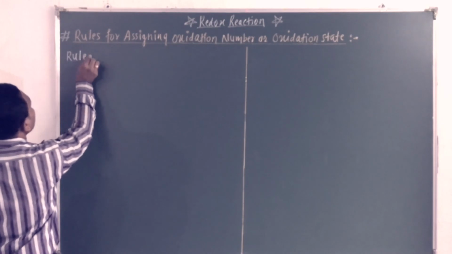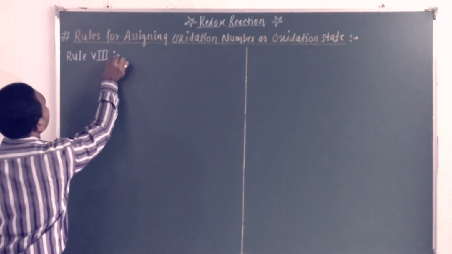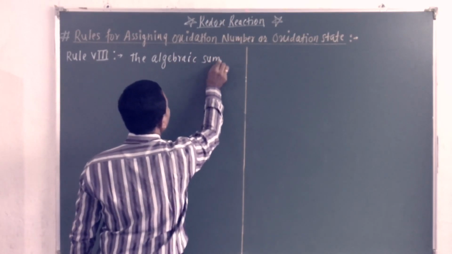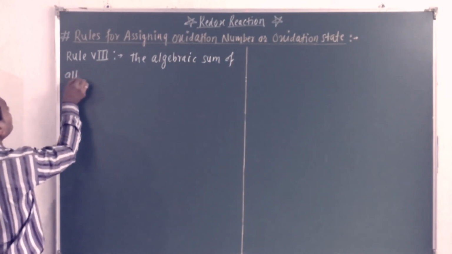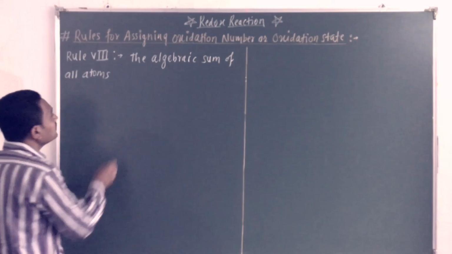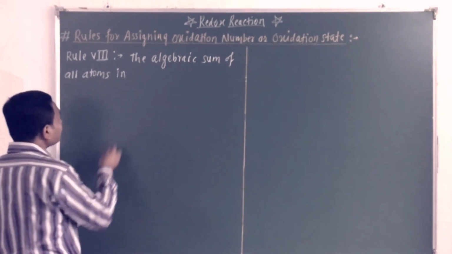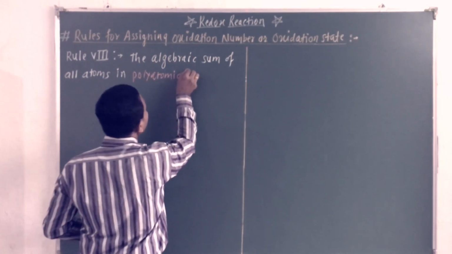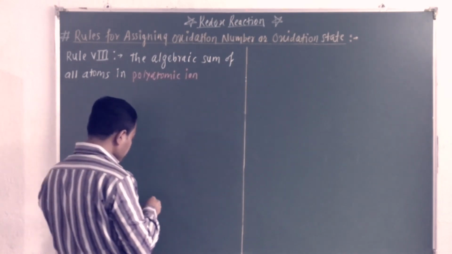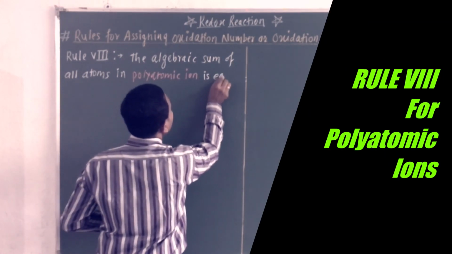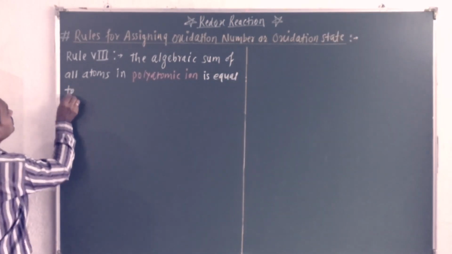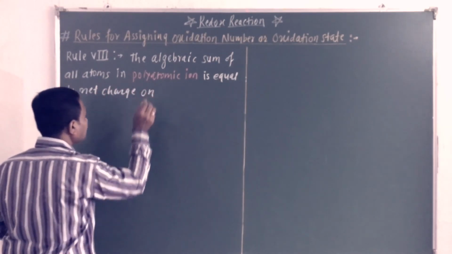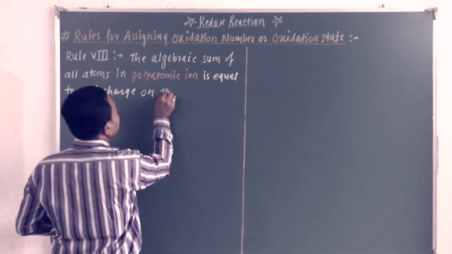So here this rule says that the sum of all atoms in a polyatomic ion is equal to the net charge on that ion.